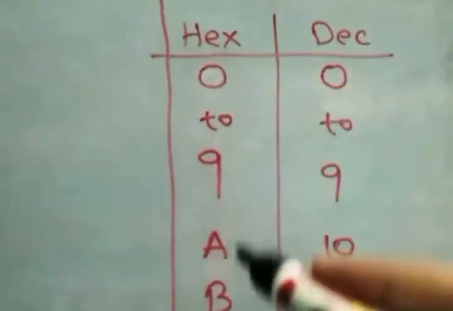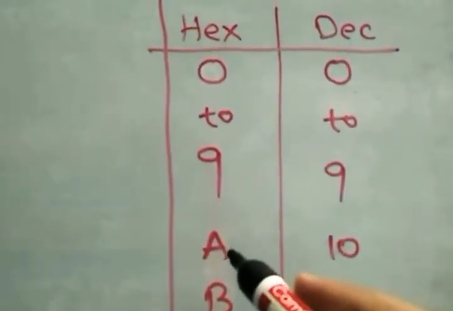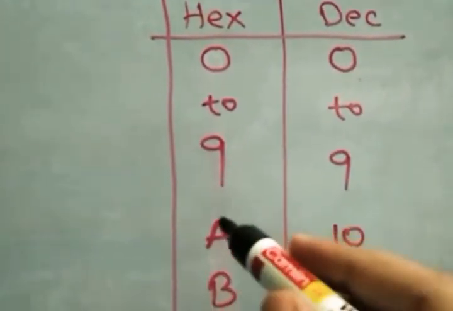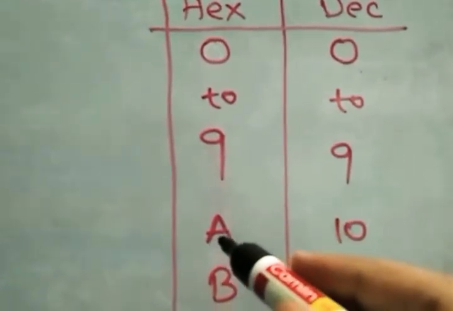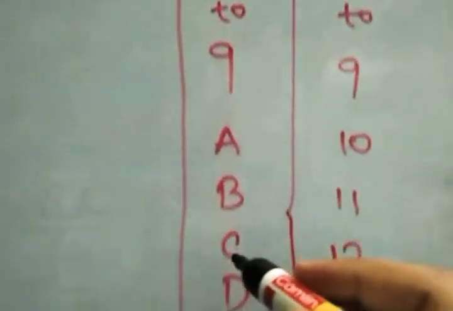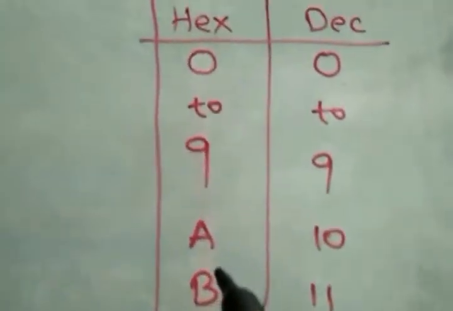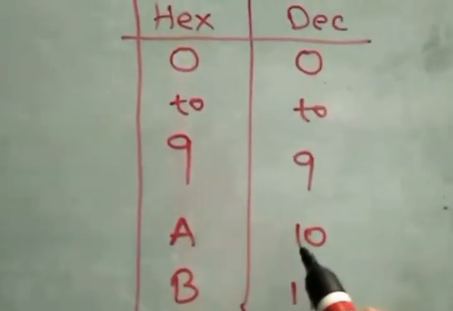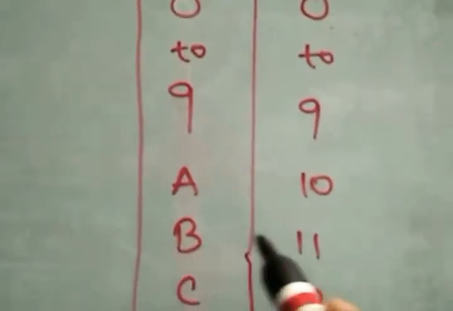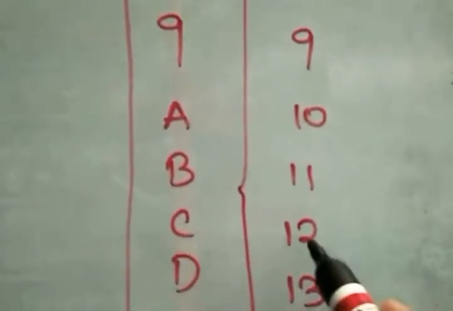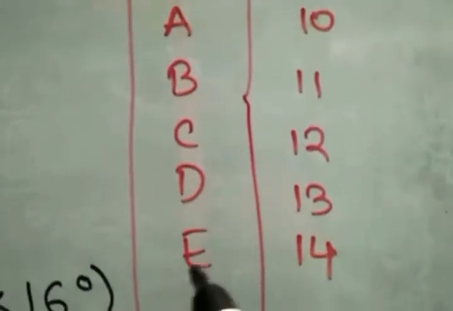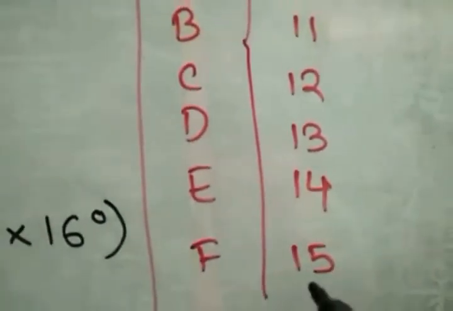But in the hexadecimal system, after 9 it takes some letters: A, B, C, D, E, F. So the letter A represents decimal 10, B represents 11, C 12, D 13, E 14 and F 15.